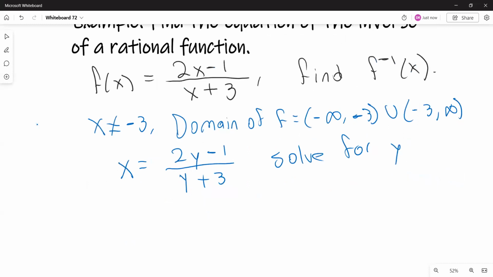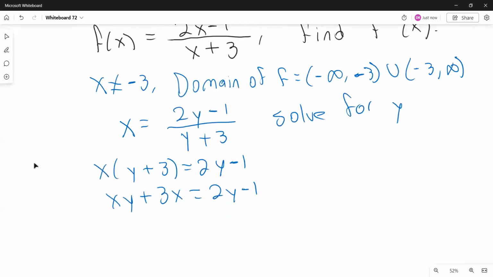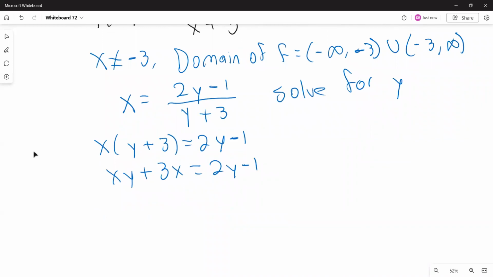Let's bring the y plus 3 to the other side multiplying. Okay, so distribute. Now let's solve for y. What do we do here? We can factor x.